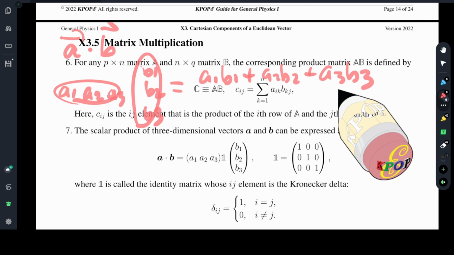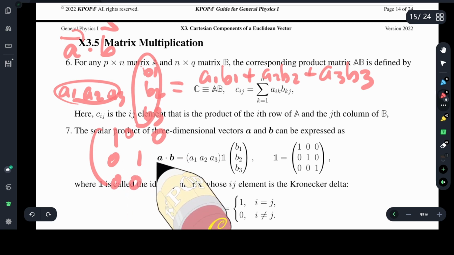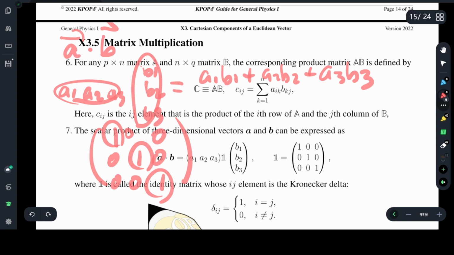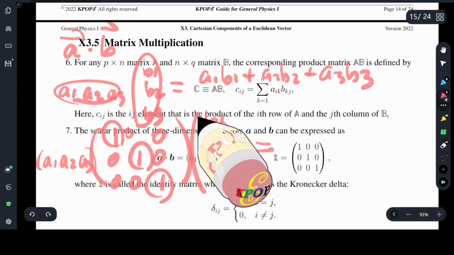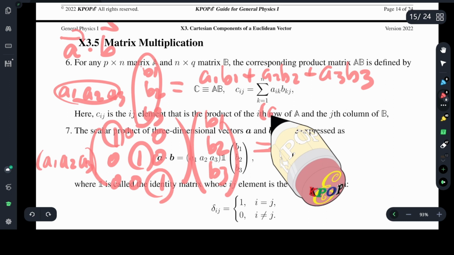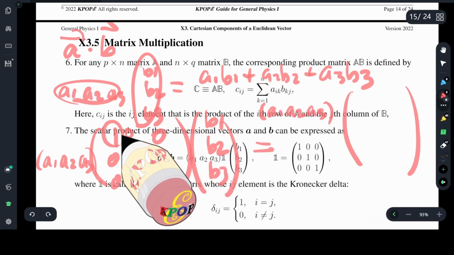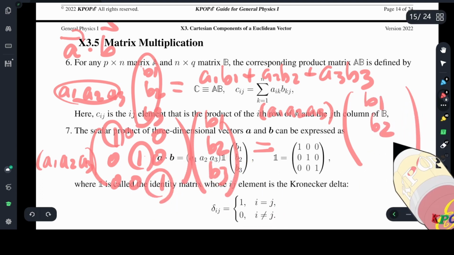Okay, what happens if I have an identity matrix? This is the identity matrix. Everything is zero except the diagonal elements, which are one. I multiply a row vector and a column vector. What's the answer? If I multiply this in here, the row is still A1, A2, A3, the column is B1, B2, B3.